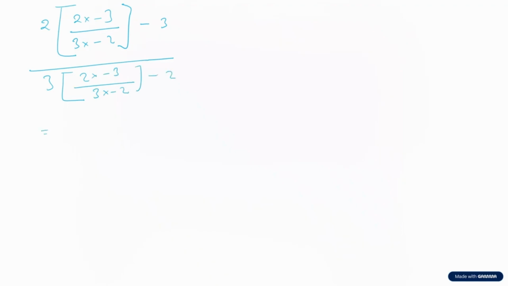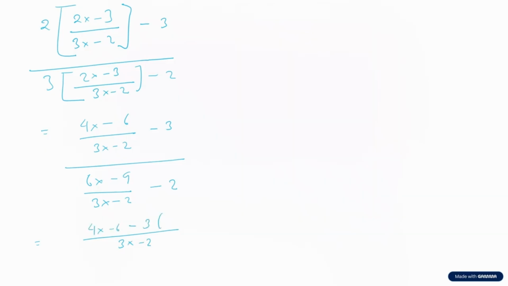If we simplify it, it will be (4x minus 6) divided by (3x minus 2) minus 3, divided by (6x minus 9) divided by (3x minus 2), minus 2. This can be written as (4x minus 6 minus 3 of (3x minus 2)) divided by (6x minus 9 minus 2 into (3x minus 2)).